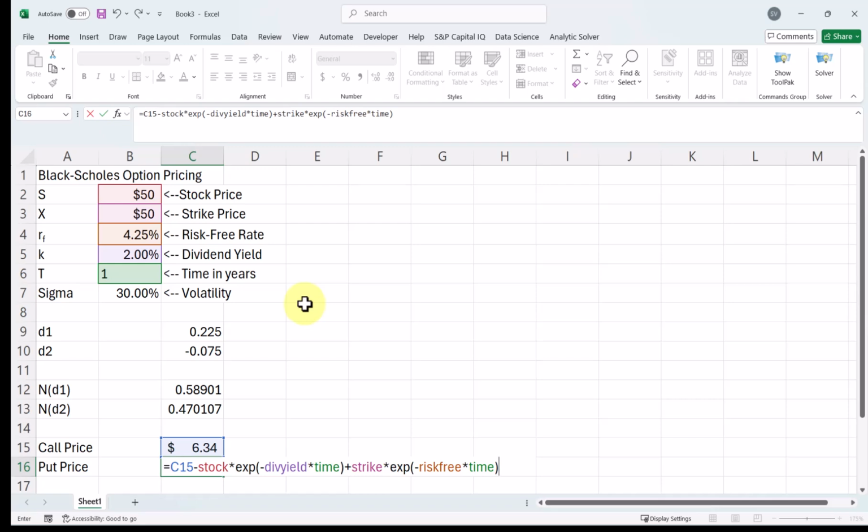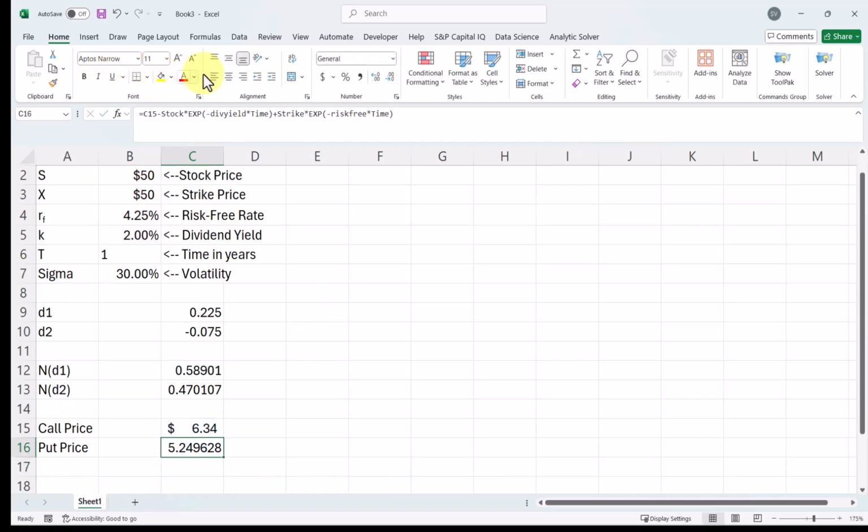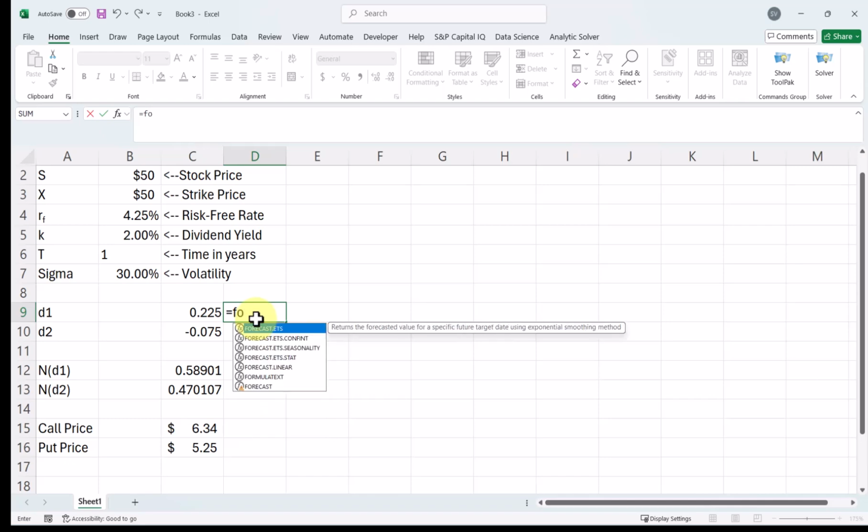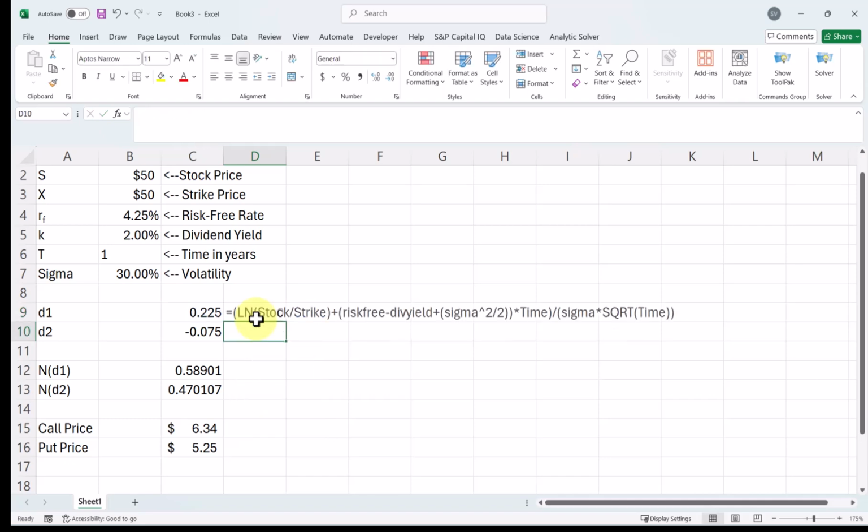And so that gives us a value of $5.25. And let me go ahead and put here so you can see all the formulas.